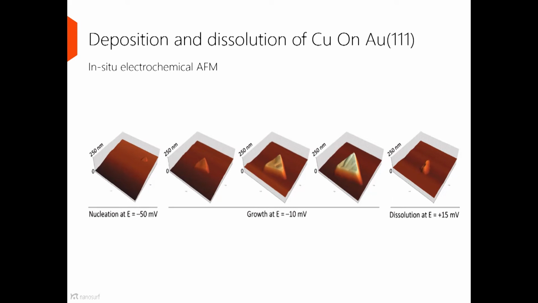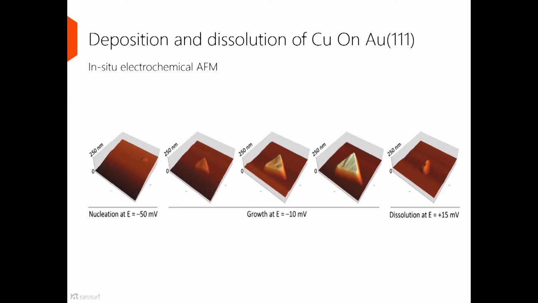So we can run in solution with the AFM probe, cyclic voltammetry for an electrochemistry experiment, see where we nucleate and then grow a structure, and then if we reverse the bias in the cell, we can then strip away that deposited material, and we can measure it discretely for size, for rate, for example, to see how it grows.